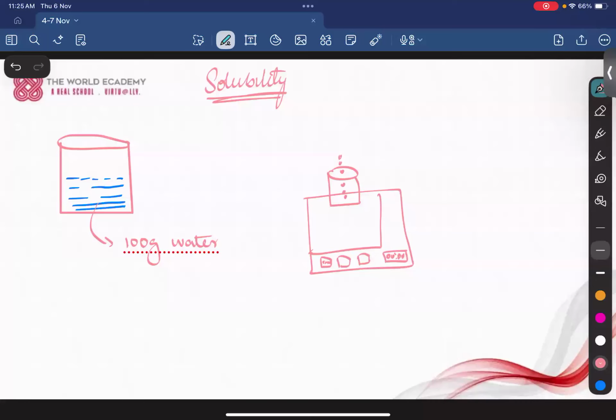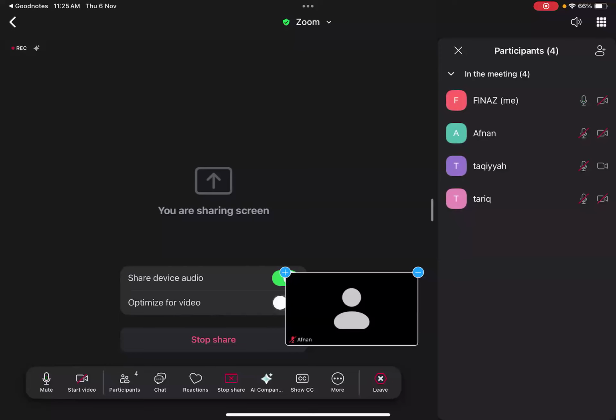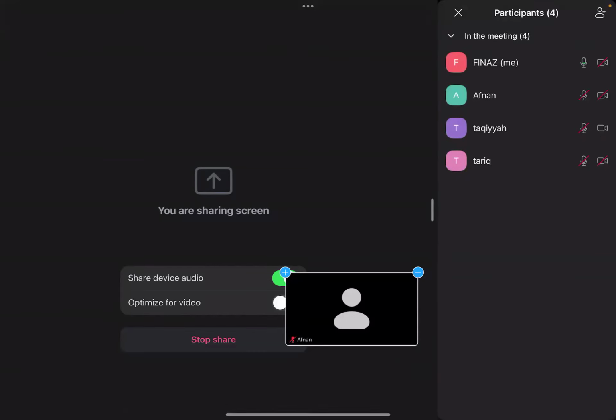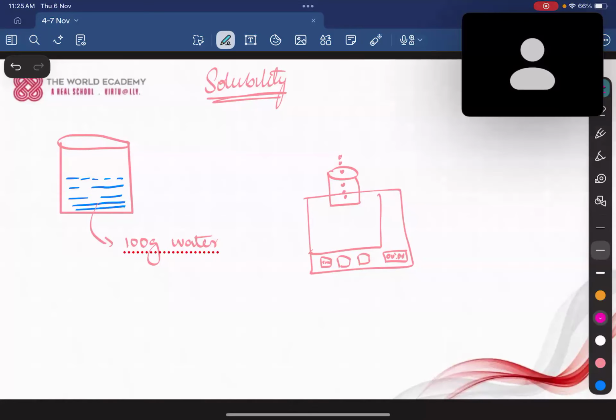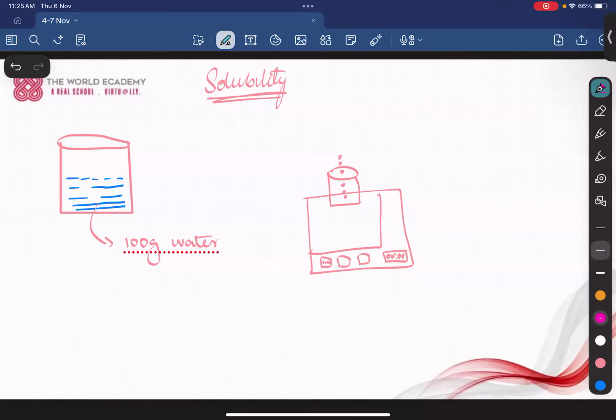Now you are taking 100 gram of water here, and any one of you, I will not ask any name, any of you having any favorite salt, or you know any salt? Sea salt? Okay, but here I'm asking about the formula.